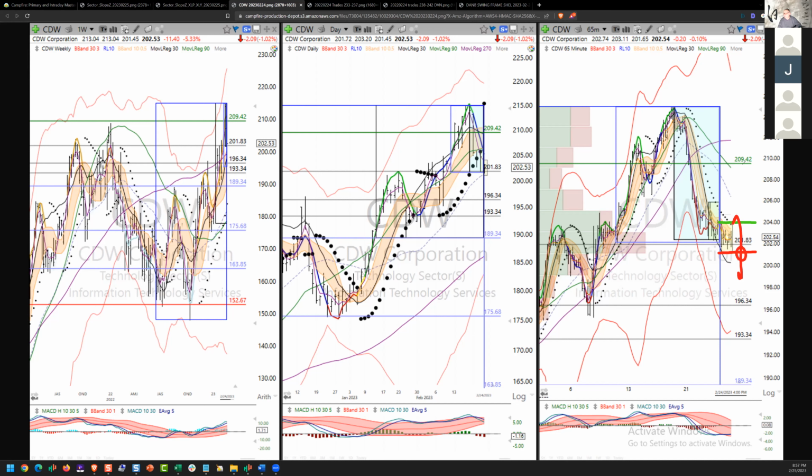And then he's looking at another entry at 209.42, which is, to me, approximately the peak of the dragon, and I guess also the RL90, but it's really the peak of the dragon.